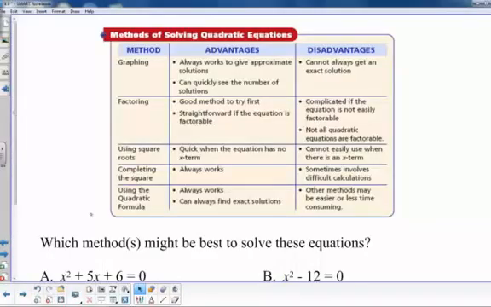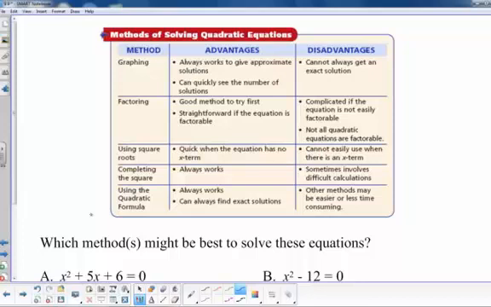So we have multiple different ways to figure things out. If you look at this lovely table, graphing is a good way to approximate zeros but not get the exact answer. Factoring, if it's factorable, it's great. If not, you can't factor.